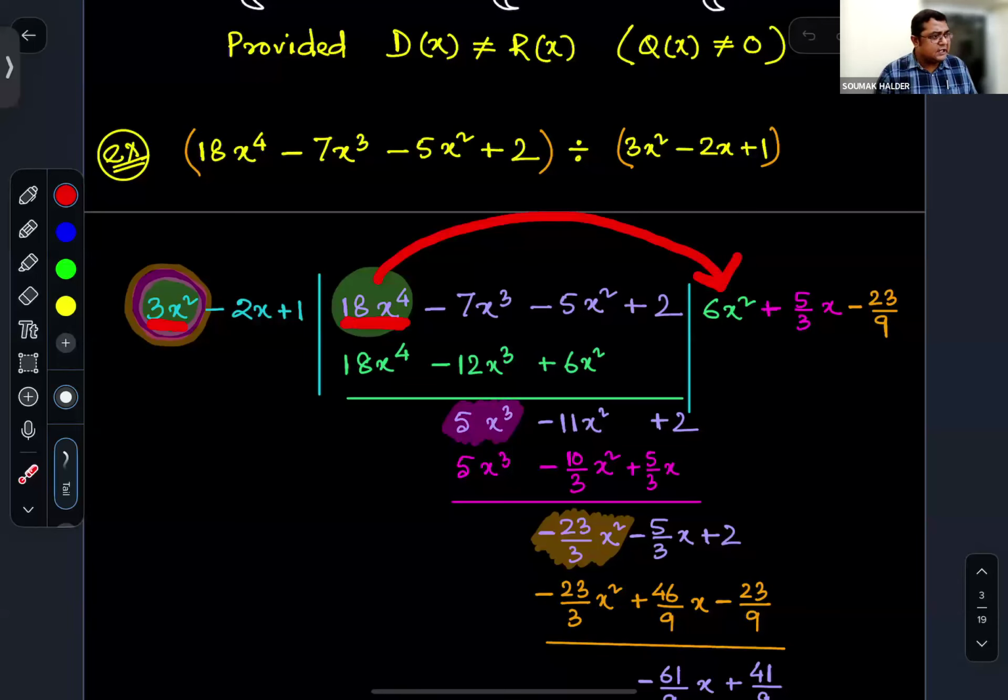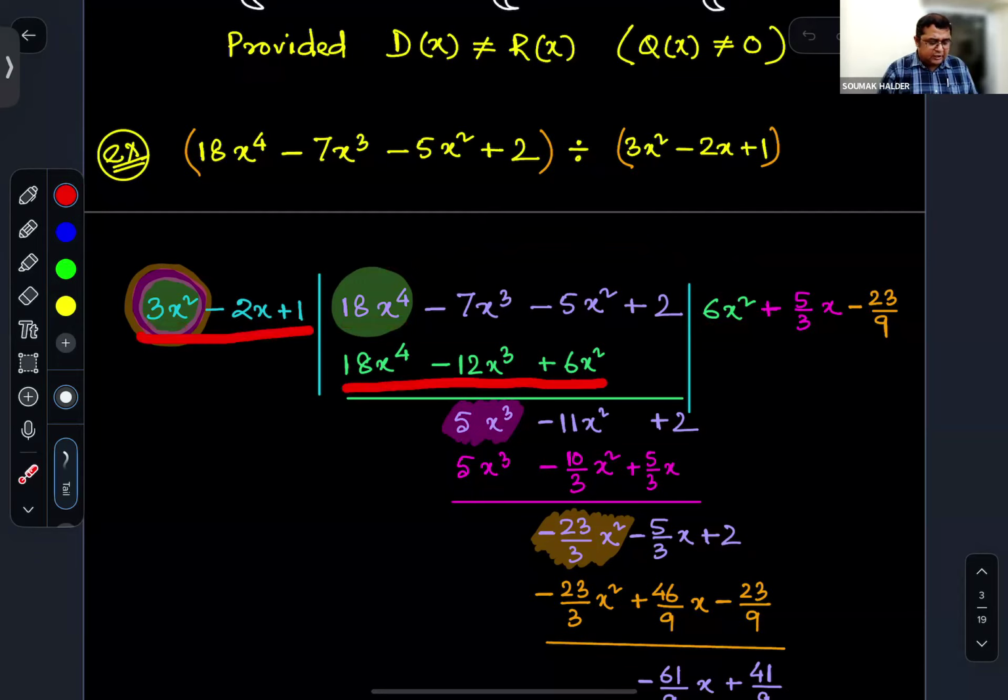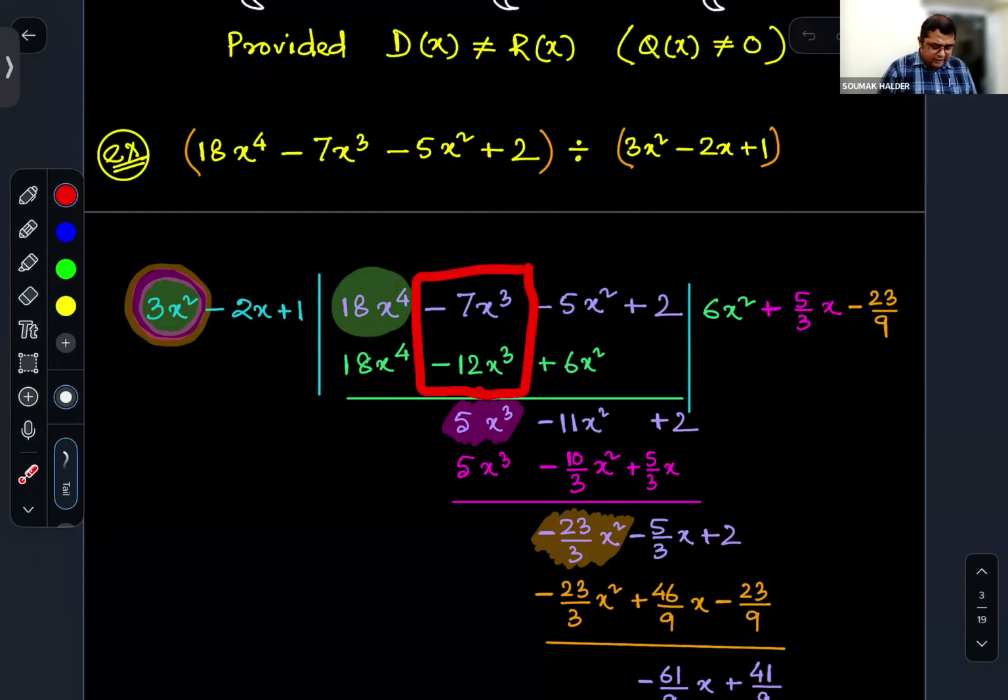found as 6x square. But due to this 6x square, আমরা পুরো ডিভিজরকে মাল্টিপ্লাই করে এই তিনটে টার্ম পাচ্ছি। The moment you perform subtraction, এই টার্ম দুটো ম্যাচ করে গেছে, এলিমিনেট হয়ে গেল। From the rest portion, your leading degree term appeared as 5x cube followed by minus 11x square plus 2. তাহলে এবার আমাদের টার্গেট কি, যে লিডিং ডিগ্রি টার্ম অফ দি ক্যারি ফরওয়ার্ড ডিভিডেন্ড, that's 5x cube to be divided by 3x square.